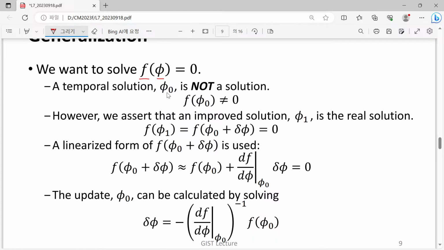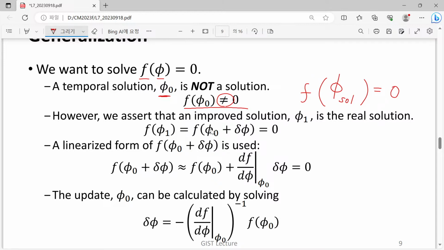As we did with n naught, we say that this temporal solution phi naught is not a good solution, therefore we have a non-zero value when we evaluate it. So our goal is to find the real solution which satisfies this. That is our goal.